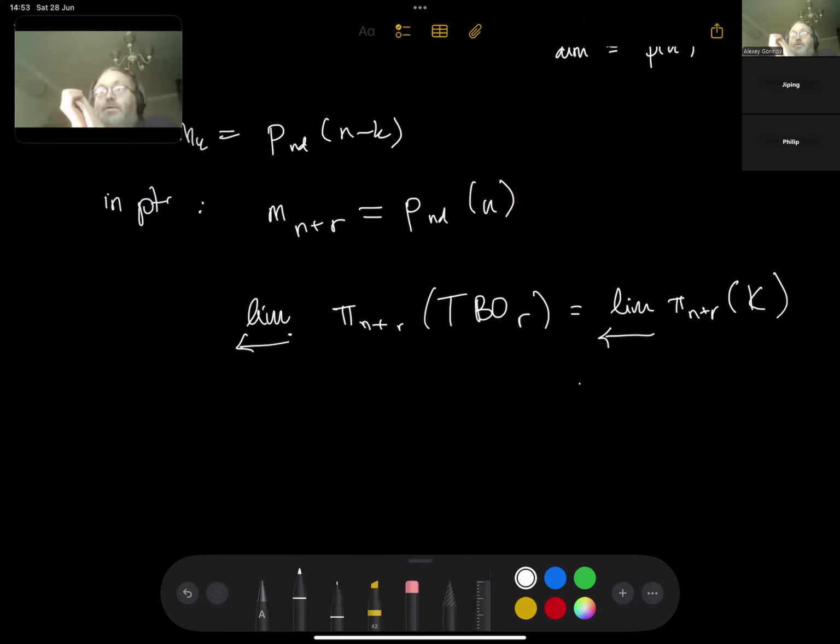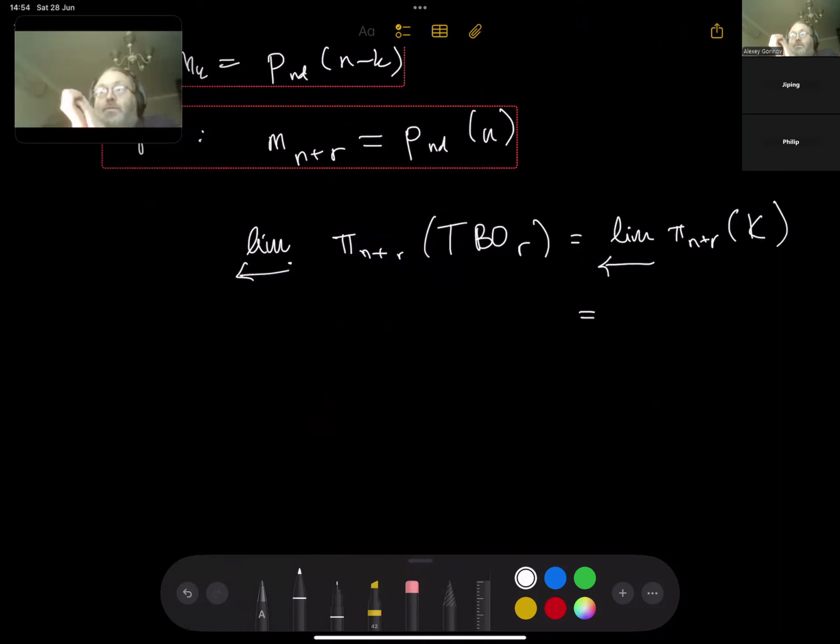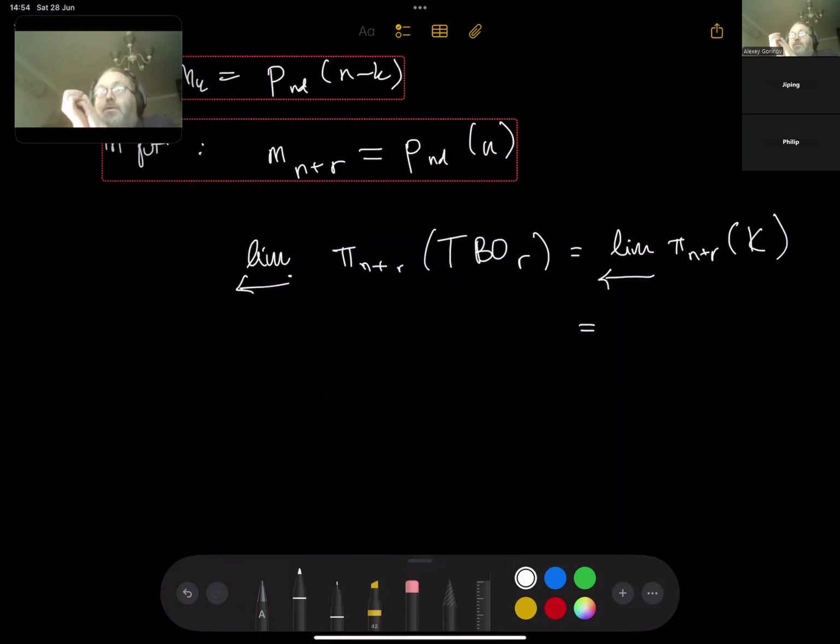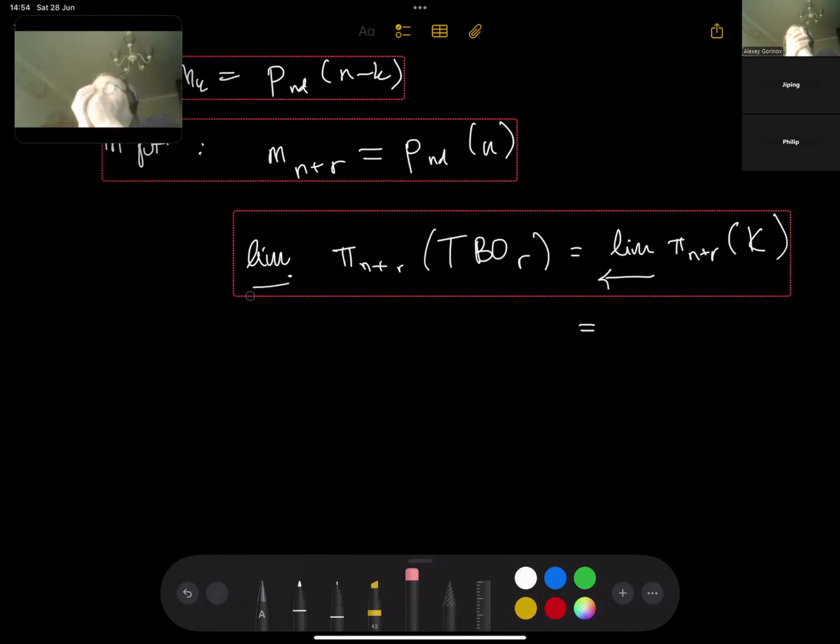It's the direct limit, not the inverse limit. Oh yeah, because we have homotopy groups.